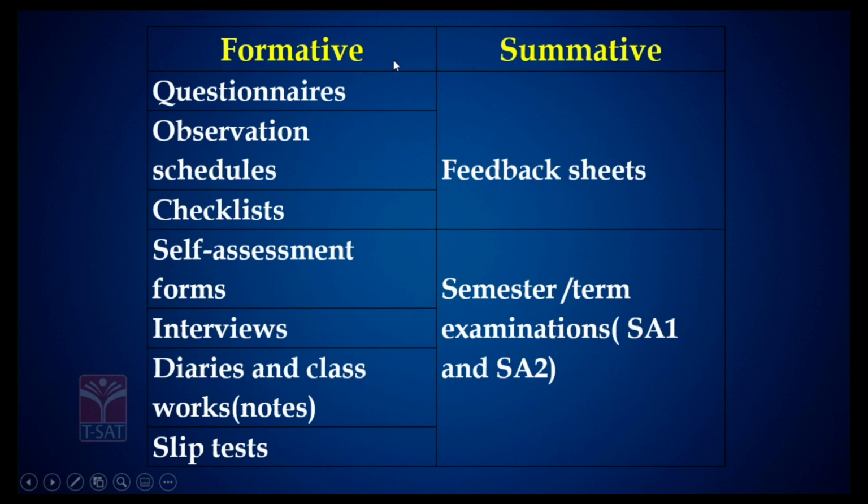Formative evaluation is done by questionnaires, observation schedules, checklists, self-assessment forms, interviews, diaries and classwork, for example, notes or classwork that the children do, and even slip tests. And even you can include projects here. Whereas for summative evaluation, feedback sheet or semester or term examination, we have already discussed SA1 and SA2.